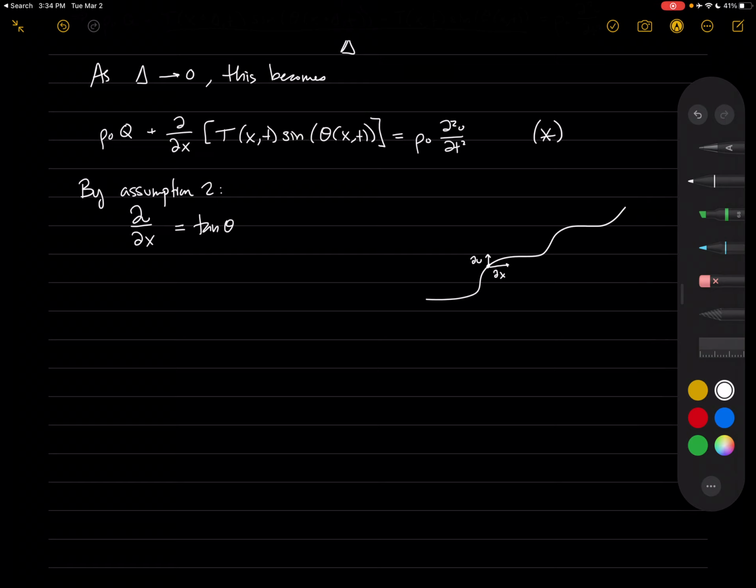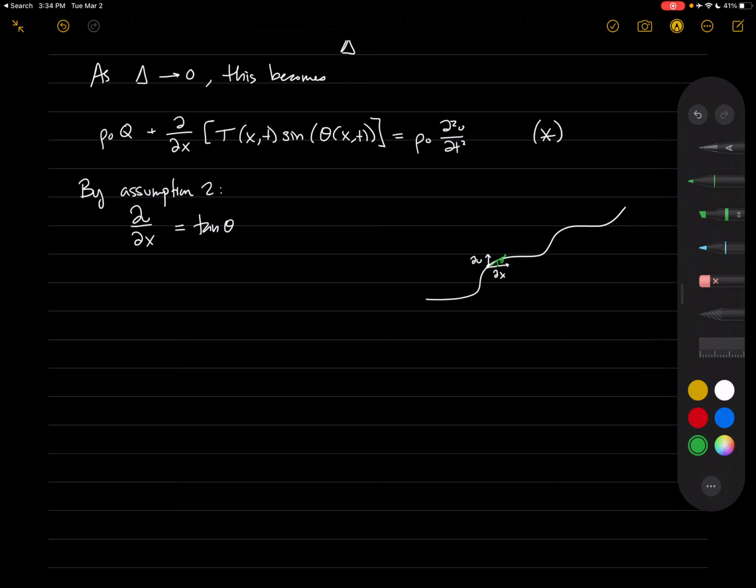And if we think about the angle that this tangent vector makes with the horizontal, which is to say this little angle theta here, we can see that the ratio of the magnitude of du over the magnitude of dx is just tan theta, right?